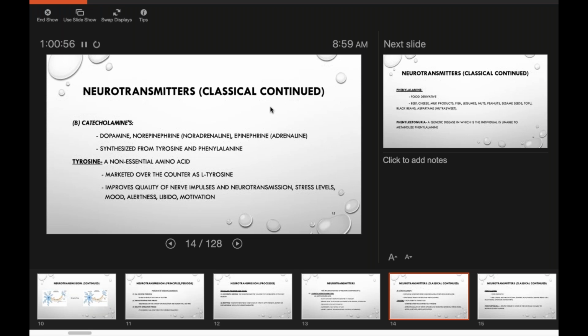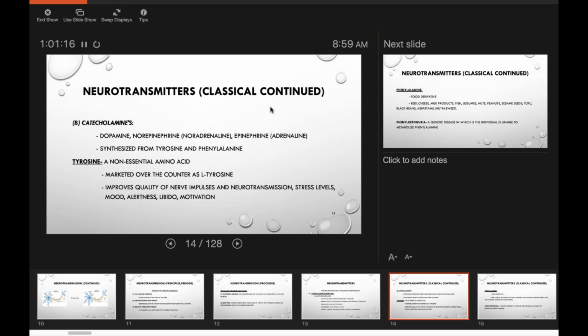So when we go to the drugstore and we see L-tyrosine, we purchase it, we take it, we are giving ourselves a synthetic form of tyrosine, which we already produce ourselves. So what's the pro of it?